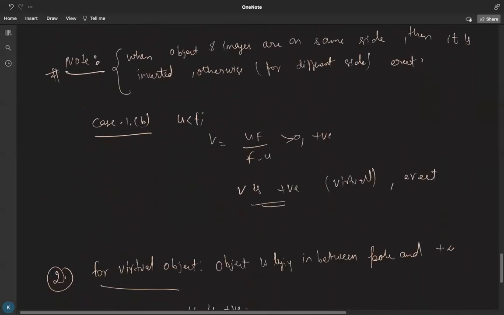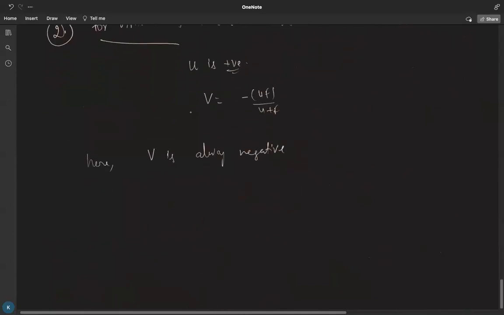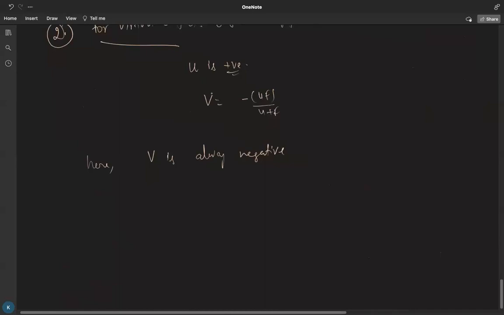And when u is less than f, that means object distance is less than focal length, our cases were different. But in this case, what we are assuming is that you can take anything here, the image distance will always be negative. That means the image is actually real, right? And you can say the image is always real. There are no sub-cases, always real. Image is actually always real and erect.